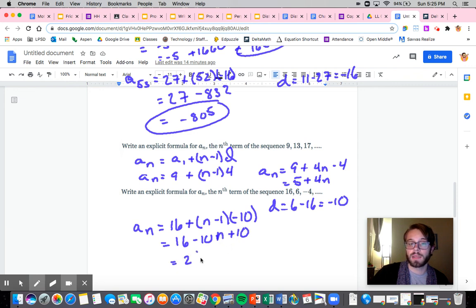So 26 minus 10n. Again, depending on what form it's looking for, it's sometimes okay to leave it like this, and sometimes you might need to simplify to there.